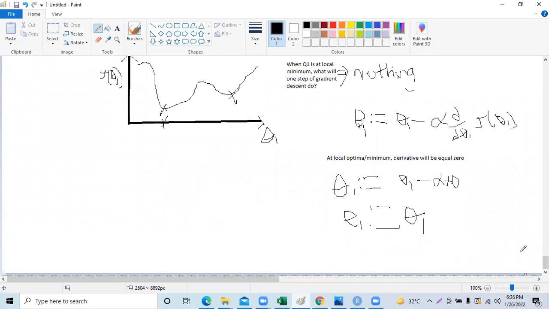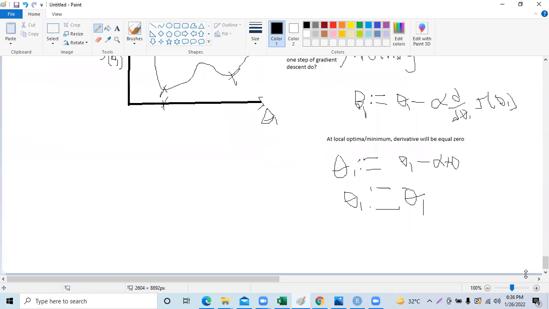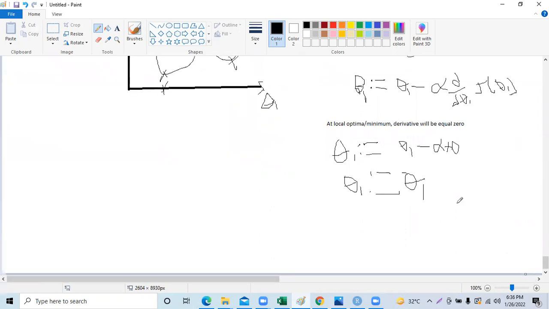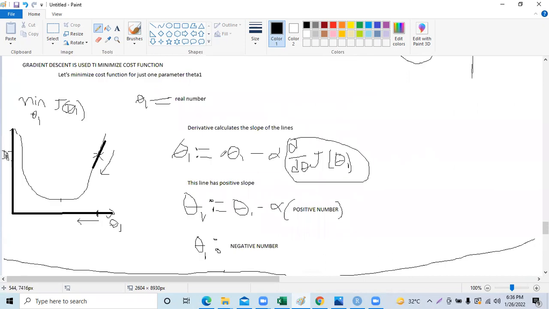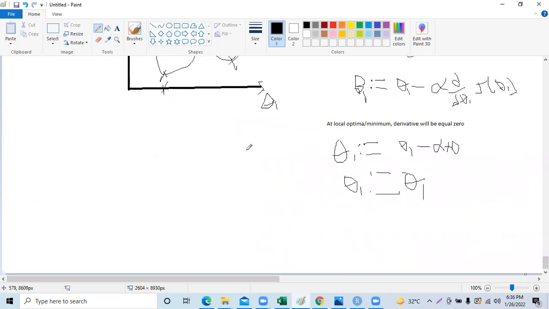In this class, I just want to take you to some mathematics that at some point I feel maybe you don't need, and at some point I feel maybe you need. But once you understand this intuition for gradient descent and you understand the intuition for cost function, then you are very much good.